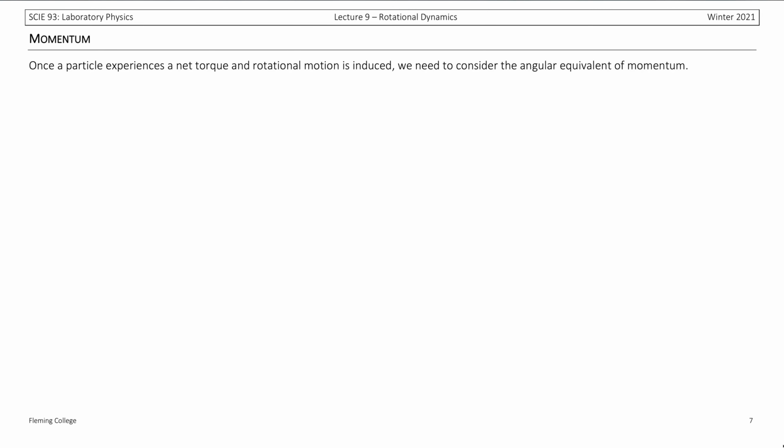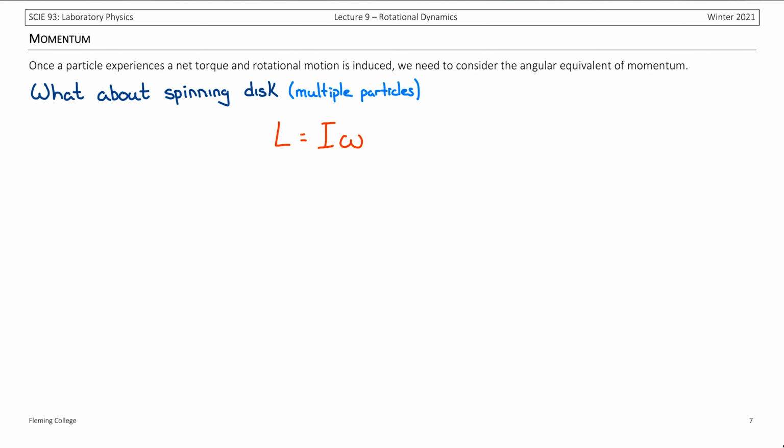Just like our moment of inertia, we need to consider angular momentum when we have infinitely many particles. So what about a spinning disk? In this case, we would still be able to calculate our angular momentum, but we would use the formula that L is equal to the moment of inertia times the angular velocity. This equation is listed as a magnitude equation.